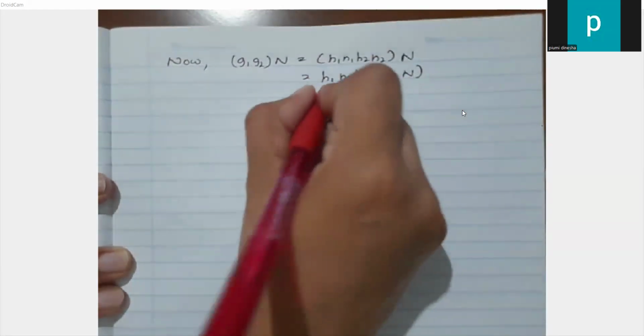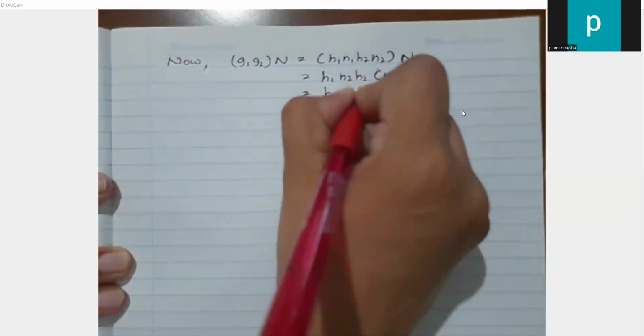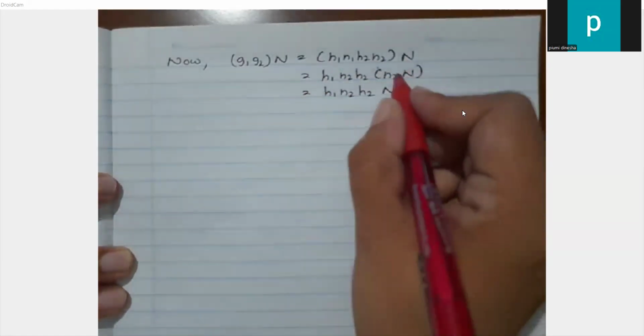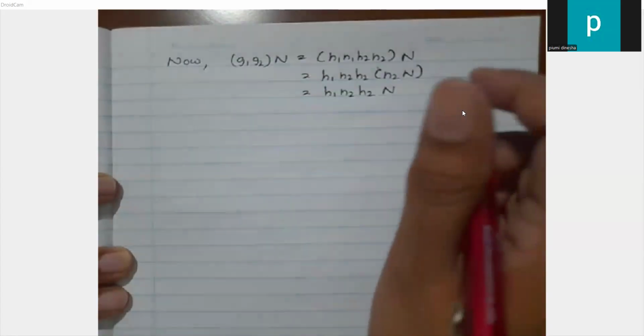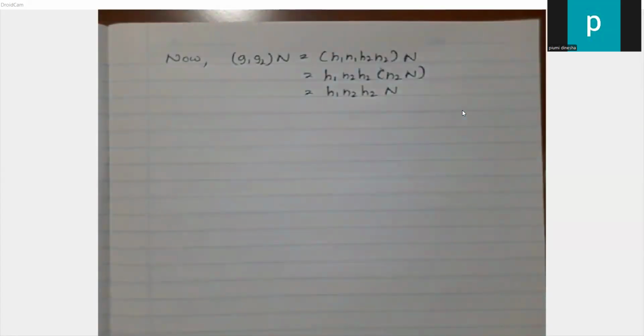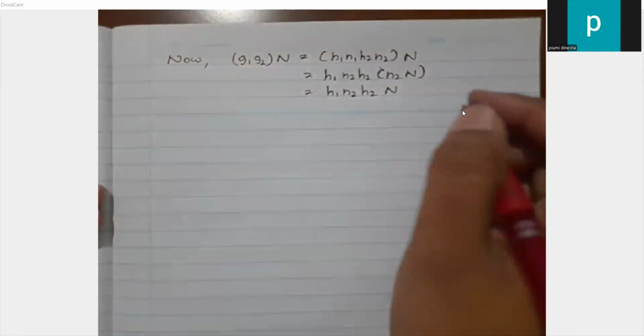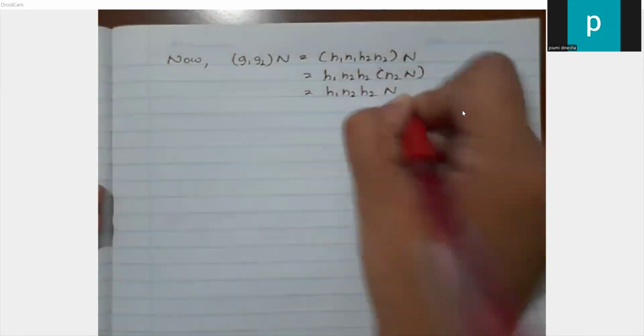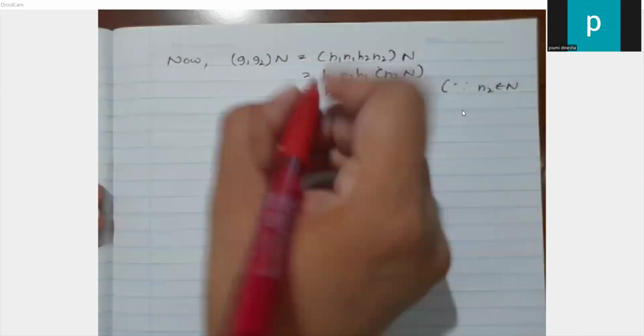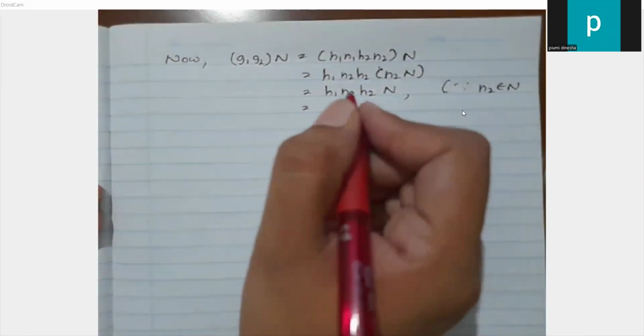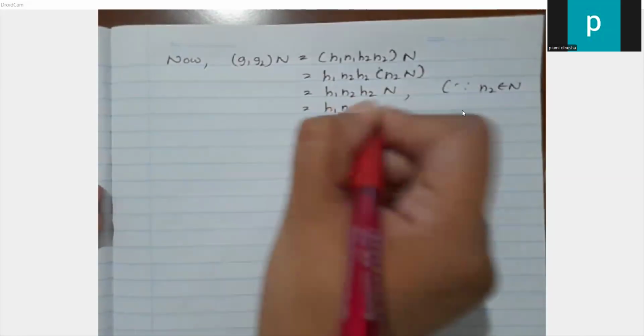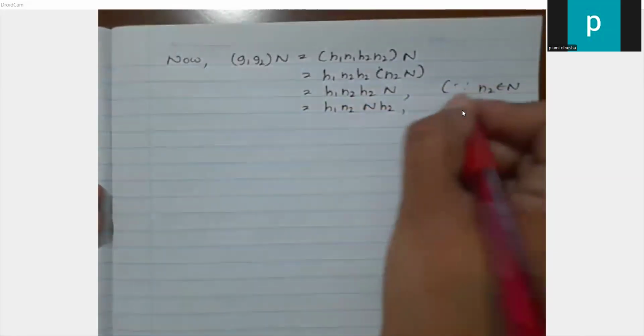This is equal to h1n1h2N. Why is that? n2 is an element in N. So when you take the left coset by an element inside this subgroup, it gives you the subgroup. We have seen these properties when we discussed left cosets or cosets in general, right? So we write, because n2 is an element in N, this is equal to h1n1Nh2. Why is that?